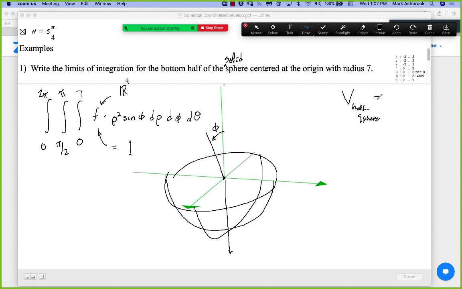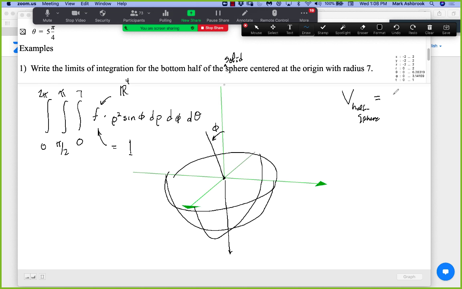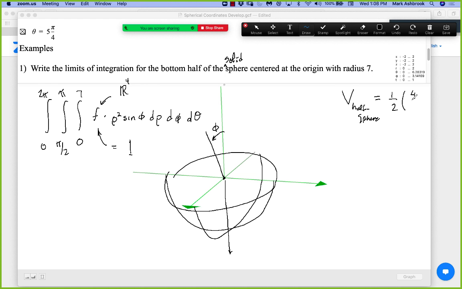Let's find it by geometry, and then let's do the integral and show that they match. So what is the volume of a half sphere? 4/3 pi times radius cubed. That's the whole sphere, and we'll take half of it.